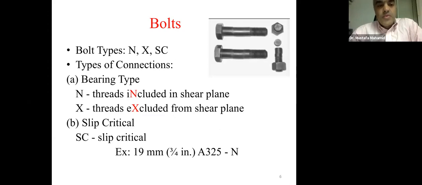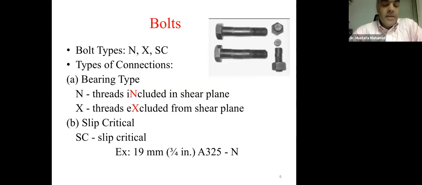So N is when the threads are included in the shear plane, and X is when the threads are excluded from the shear plane. Now, of course, the capacity is different between N and X. When they are included, we typically would have less area, so the capacity would be less. If it's X, then we'll have the full solid shank of the bolt, and the capacity would be higher.